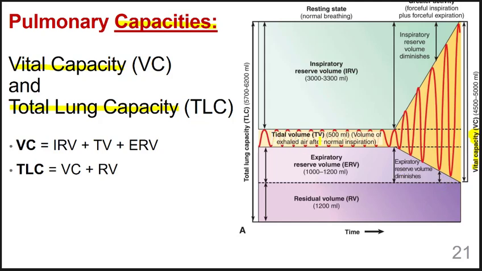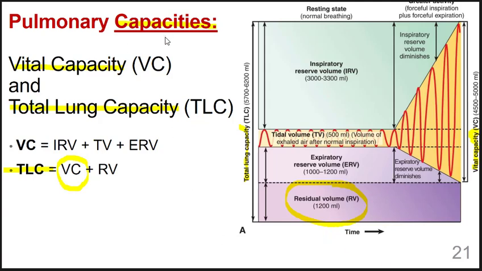So that would include your tidal volume, the amount you can inspire above that, and the amount you can expire below or outside of your tidal volume. That's our vital capacity. Then we have total lung capacity, which is everything, now including your residual volume. So when we look at our total lung capacity, it is our vital capacity, which is our inspiratory reserve volume, our tidal volume, and our expiratory reserve volume, plus that residual volume, remembering that this is the volume that stays within the respiratory tract that we can't actually breathe out.